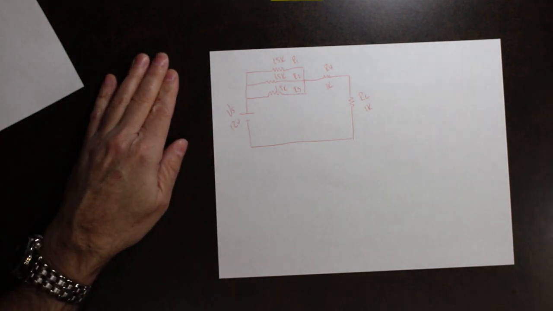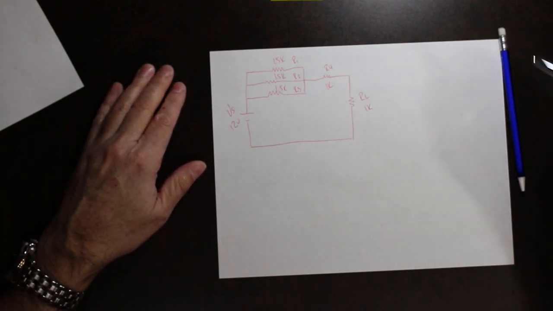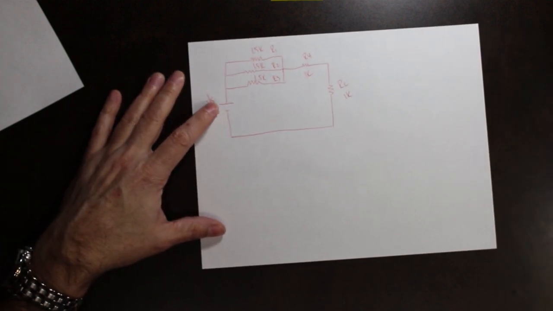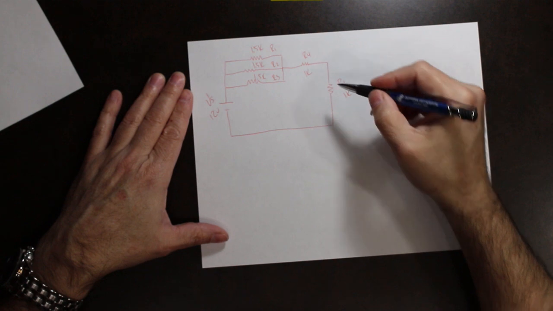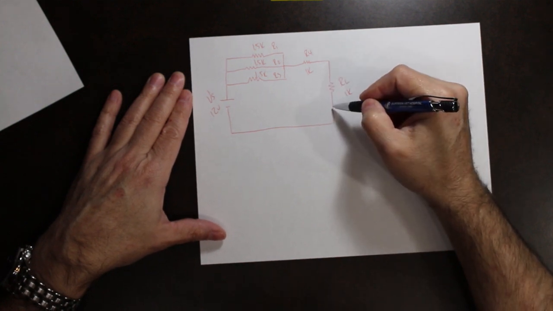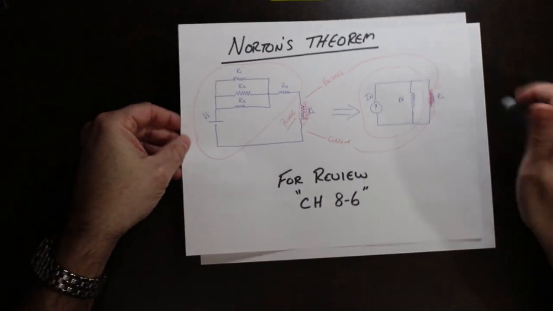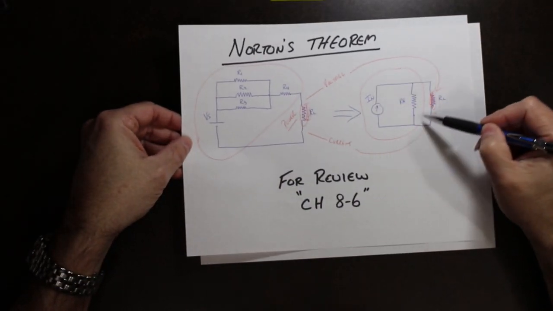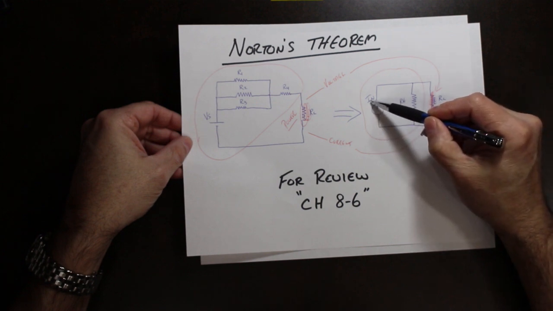So now I'm going to take that circuit and we are going to solve for Norton's equivalent resistance. So the first thing we must do is remove the load. If you remember again, inside that circle, we're looking at solving for R Norton and I Norton.